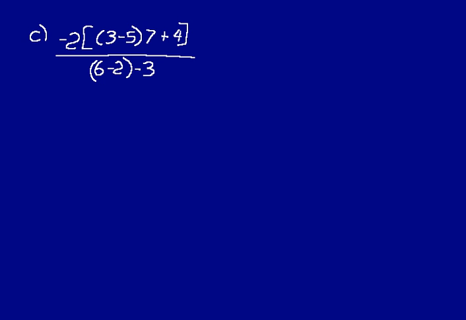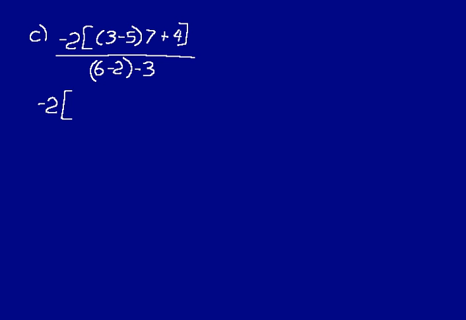Let's do one more with multiple symbols of inclusion. And this is a fraction, so we need to do the numerator first, then the denominator. Let's work on the numerator first, and let's rewrite that over here to the left. Negative 2, then a bracket, and then we need to do the 3 minus 5 that's inside those parentheses, and that's negative 2.